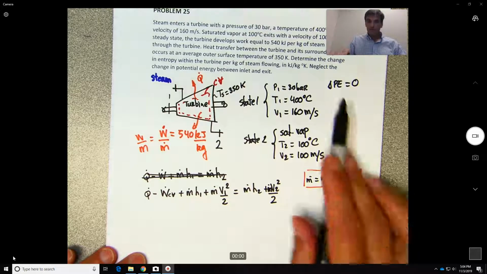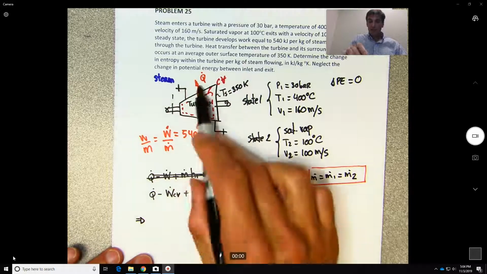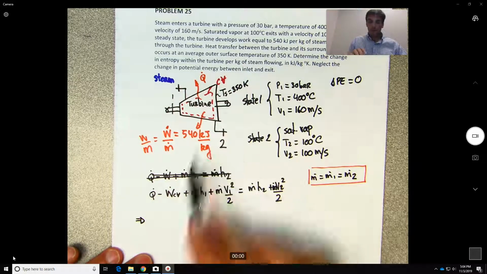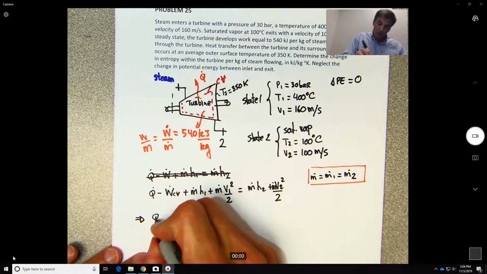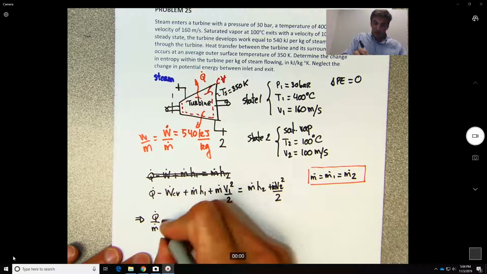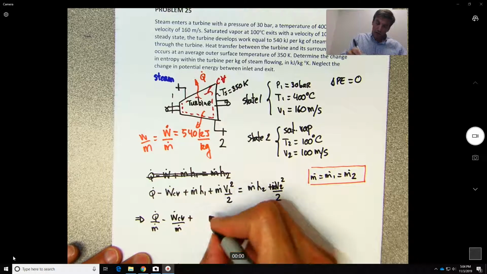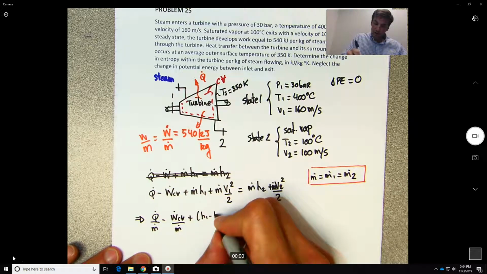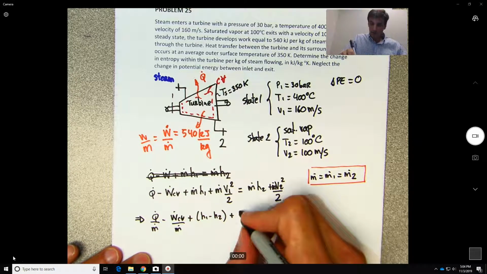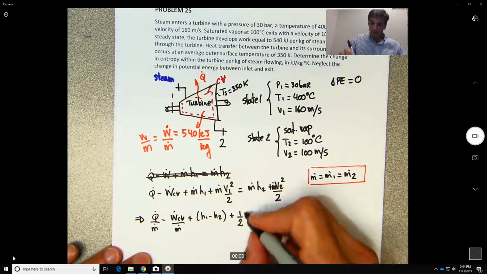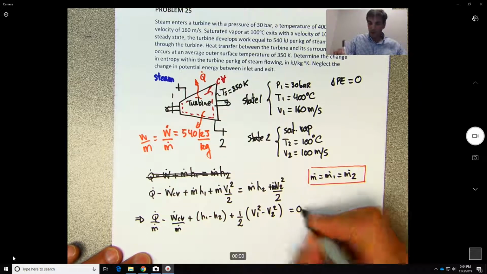Actually, what we need to find here is Q, and we need to find that per kilogram. So basically we divide all this by the mass. We're going to have Q minus W plus H1 minus H2 plus 1/2 V1 squared minus V2 squared equal to 0.